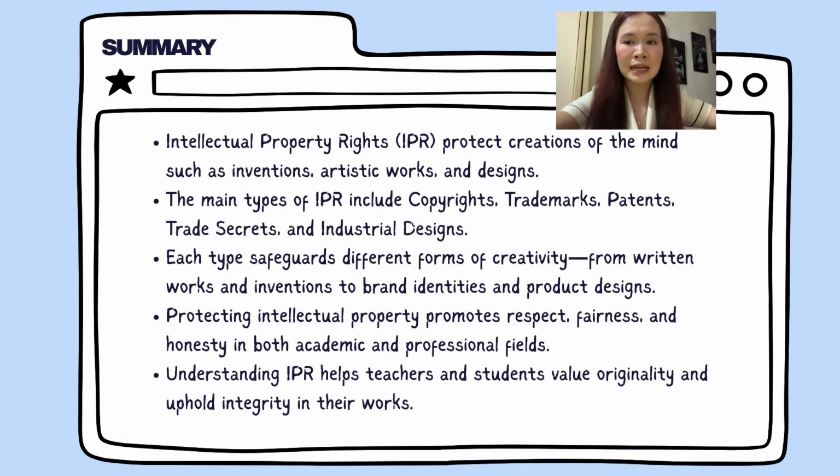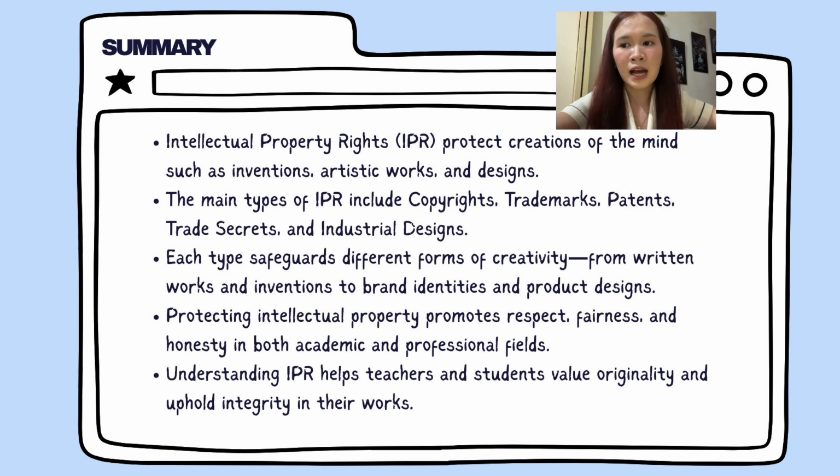In summary, intellectual property rights or IPR are the rules that protect people's ideas and creations, like inventions, stories, music, art, or designs. It helps creators own their work and stop others from copying it.